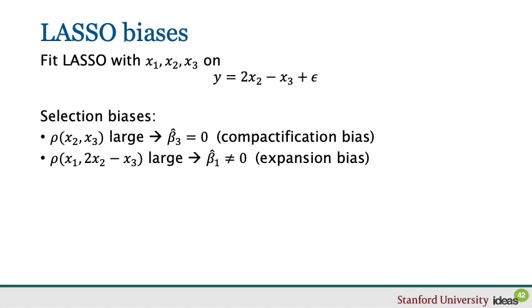But there can also be the opposite thing. There can be expansion bias. It can even be that a variable gets included in a lasso that is not in the true model. Why can that be? Well, assume that x1 happens to be very correlated with y, in the sense that it is a good expression of the combination of x2 and x3 that really matters for the outcome.